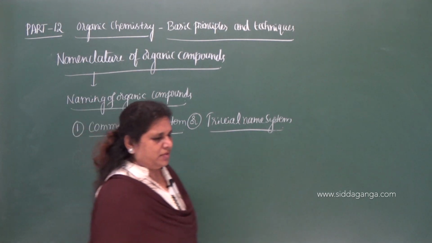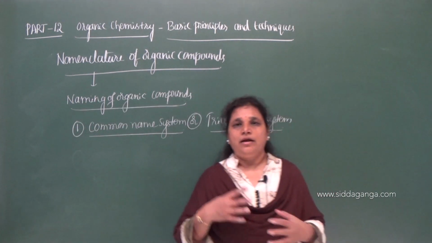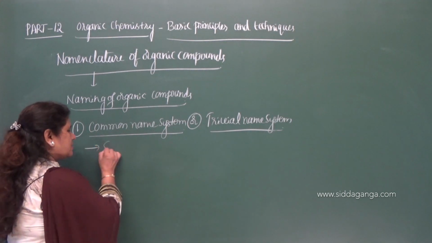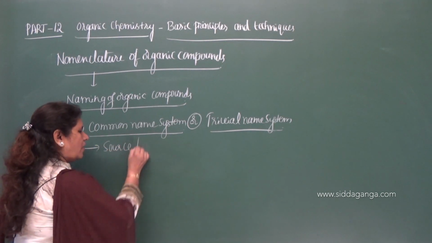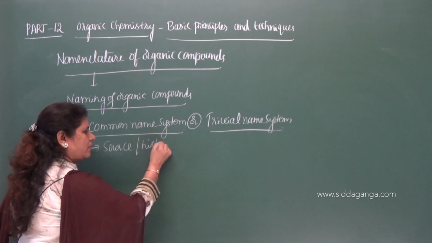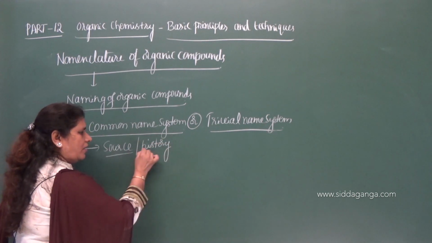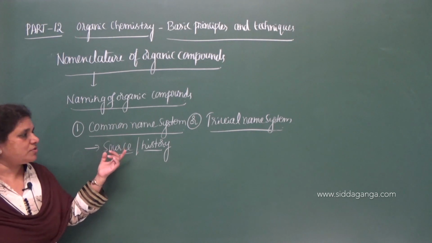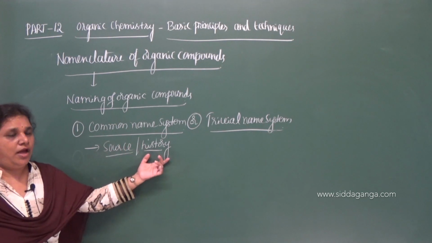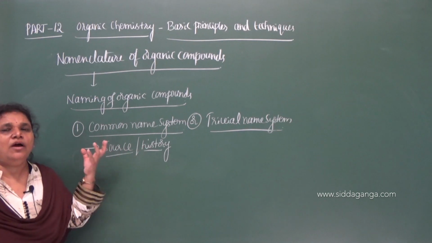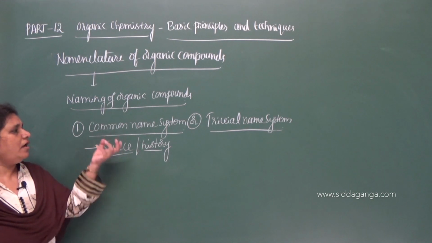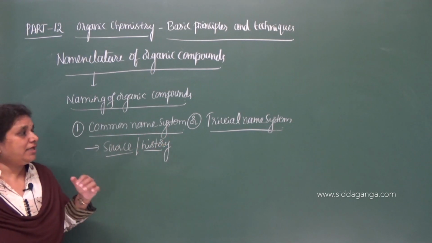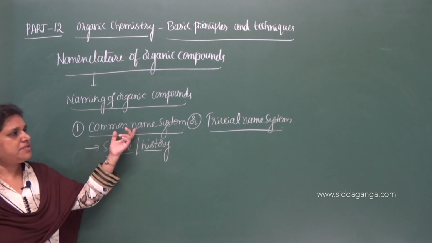Under this system, organic compounds are named on the basis of source or history, and that system of naming is called the common name system or the trivial name system, and the names are called common names or trivial names.